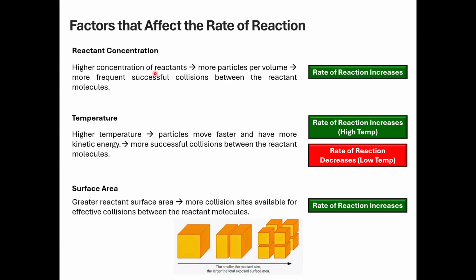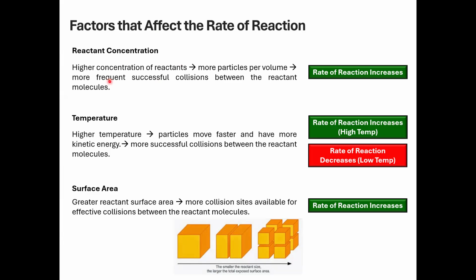So for example, factors that can affect the rate of the reaction. The first one is definitely reactant concentration. The reason for this is that if you simply have more reactant present in a reaction, you have more particles per volume.